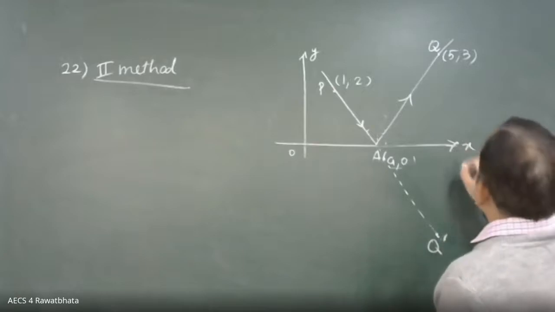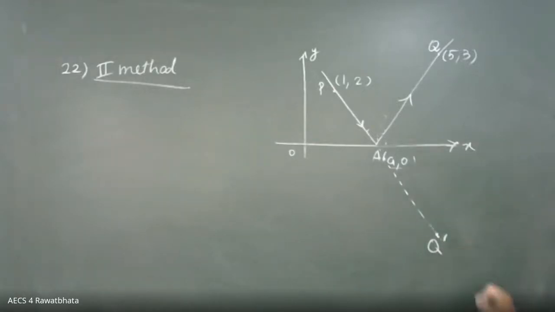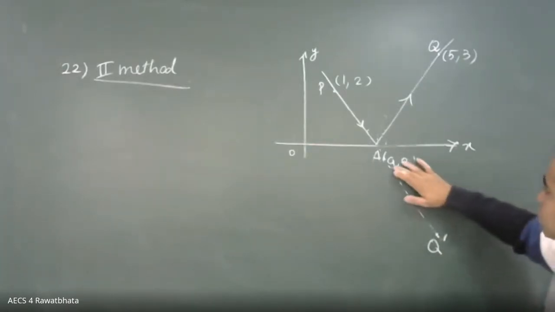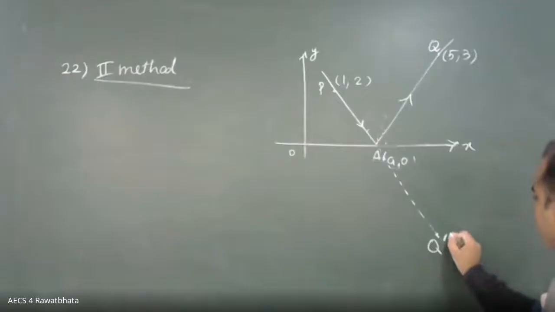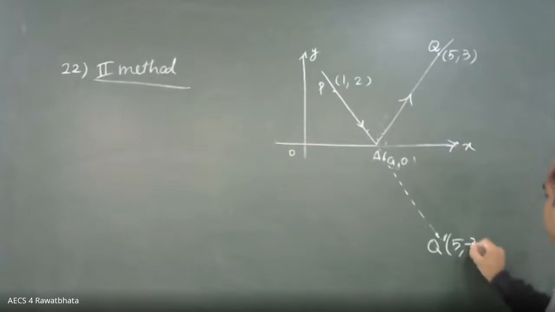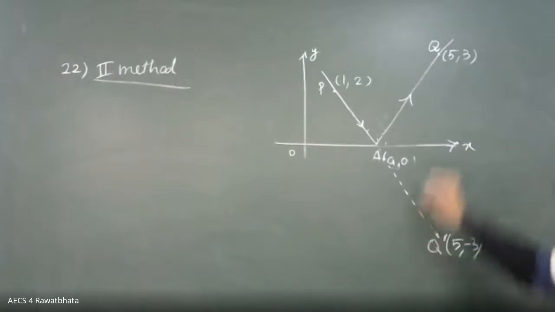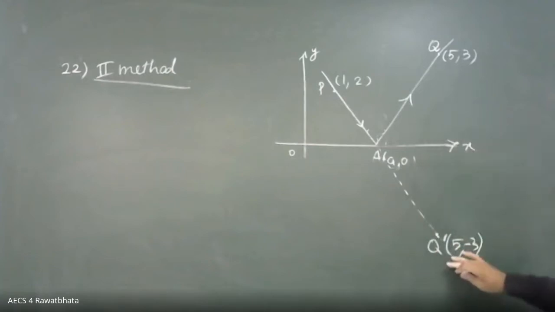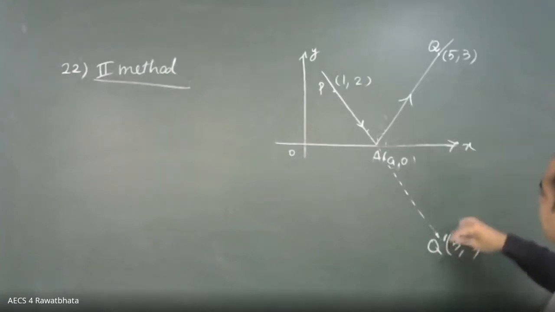Can someone tell me what should be the Q dash coordinates? So 5 comma minus 3. There is no doubt about it. The basic physics principle says that if this is 5 comma 3, this image will lie at an equal distance below the x-axis, and this will be 5 comma minus 3.